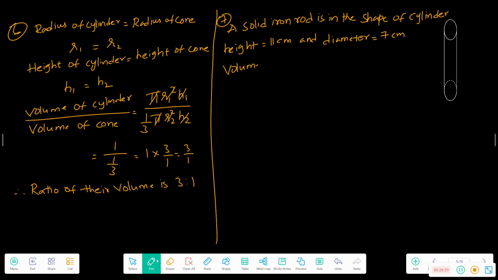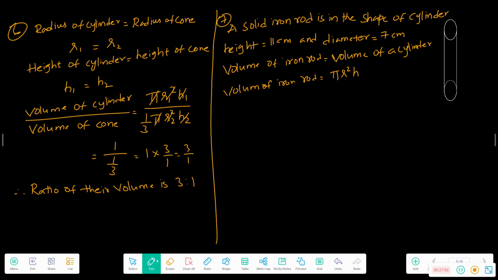So here the volume of an iron rod is equal to the volume of a cylinder, which is pi r square h.